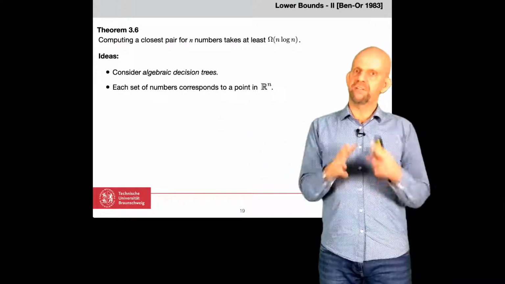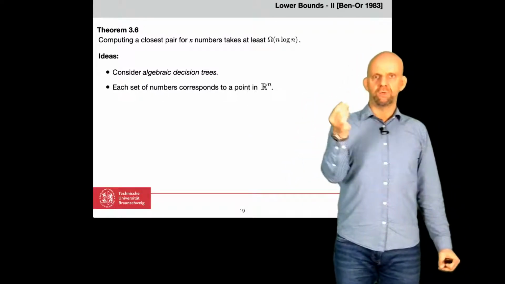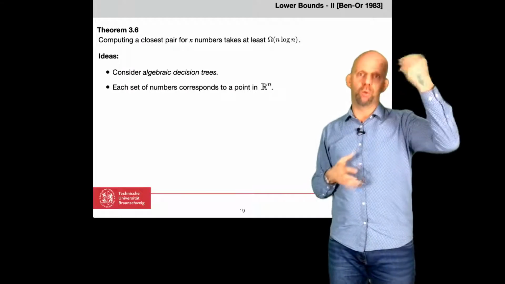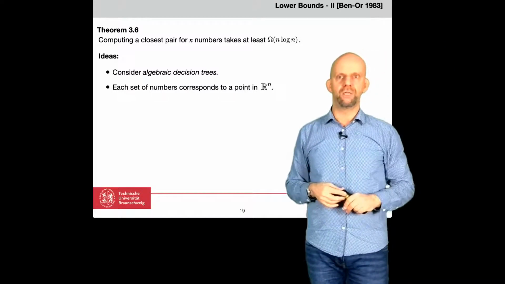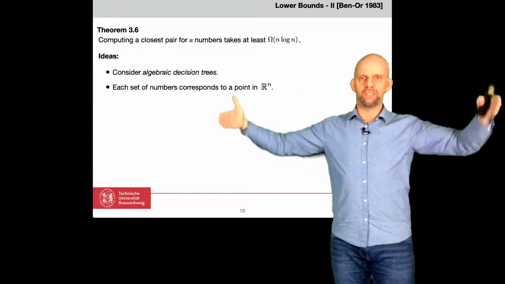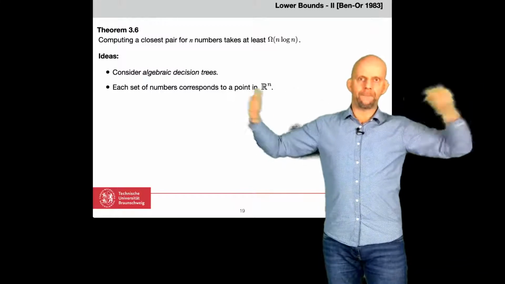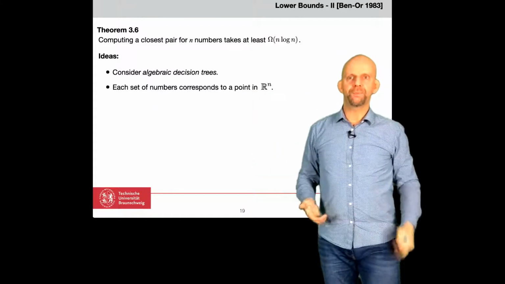Okay, so that's part of a more general setting. You don't have just a discrete set of points, which maps to one point in R to the n, but you have the whole space, which is basically all the sequences of n numbers. And so there's a certain structure which they share.